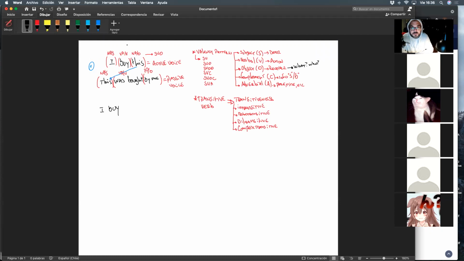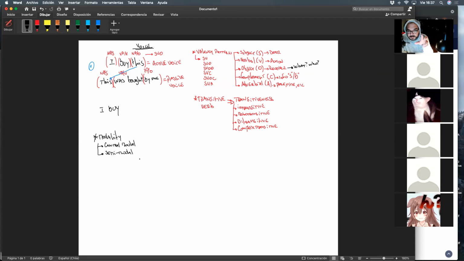Okay, so this is voice, right? And now I'm going to talk about modality. In terms of modality, we can state that it can be done by the presence of two different items, central modals and semi-modals, right?